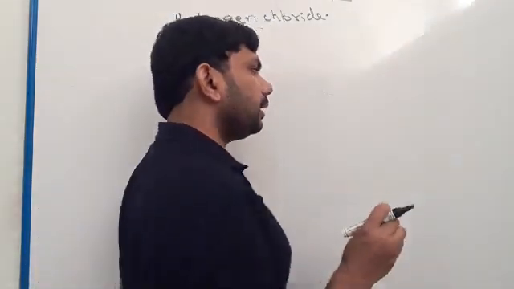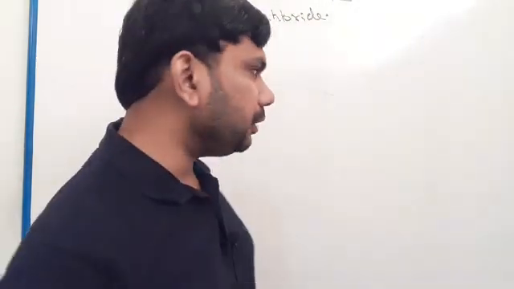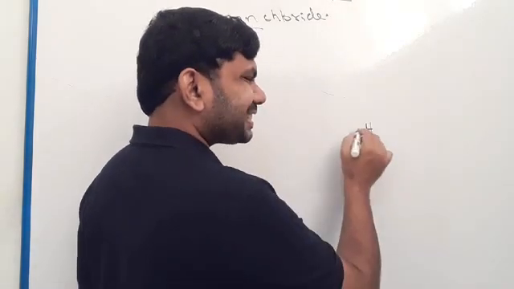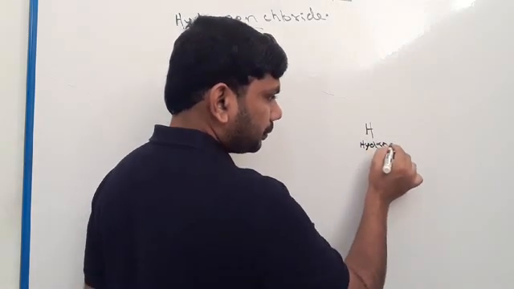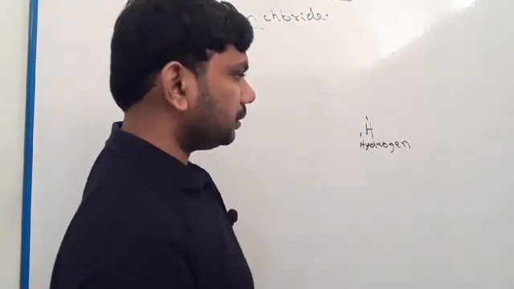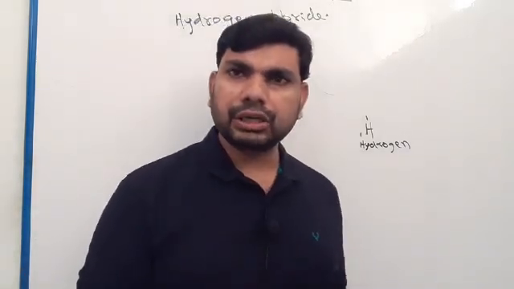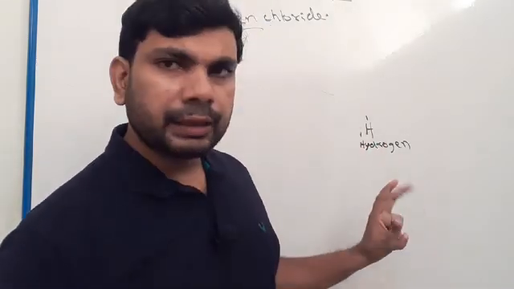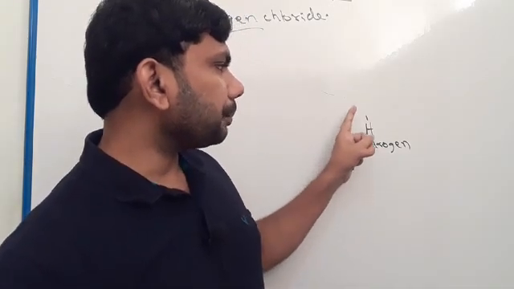You can collect different types of periodic table, but in this periodic table there should be the symbol of element and name of element, also the atomic number and mass number.